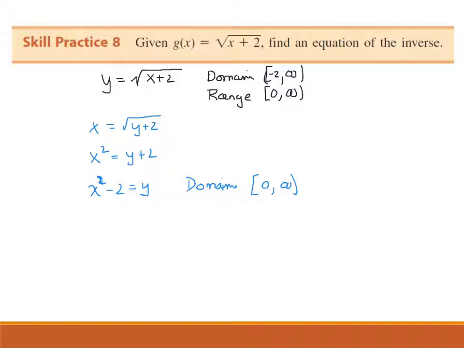And the reason for that, in other words, x is greater than or equal to 0, right? So this function is only defined on one side of 0, right? So f inverse of x is equal to x squared minus 2.